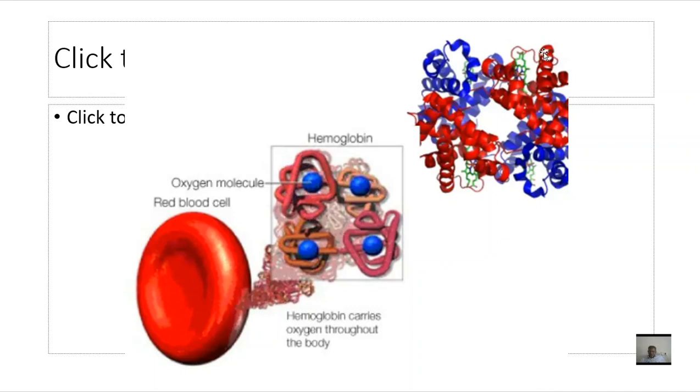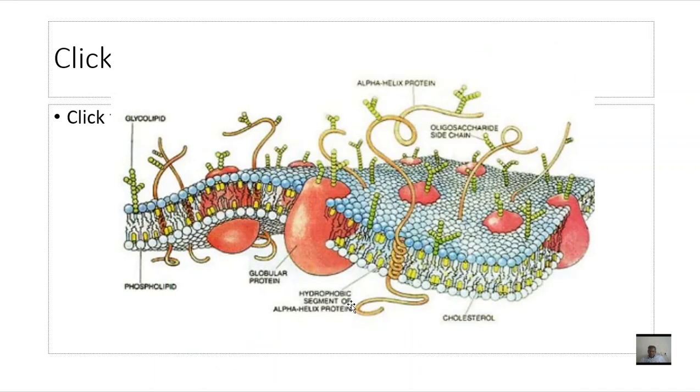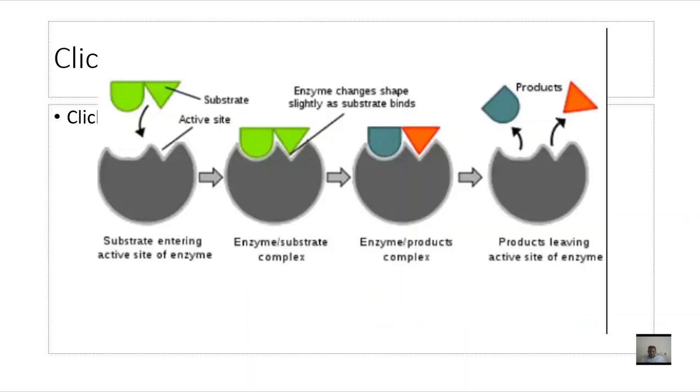If the oxygen is removed, it becomes deoxyhemoglobin. This is the double lipid layer. Here the substrate enters the active site of the enzyme. The enzyme changes itself slightly as the substrate binds. Then the products leave the active site of the enzyme.